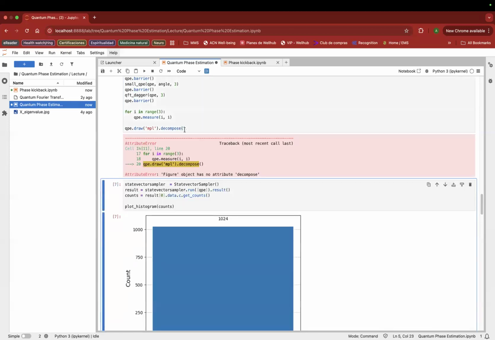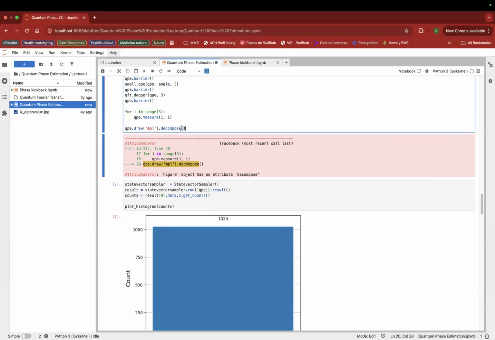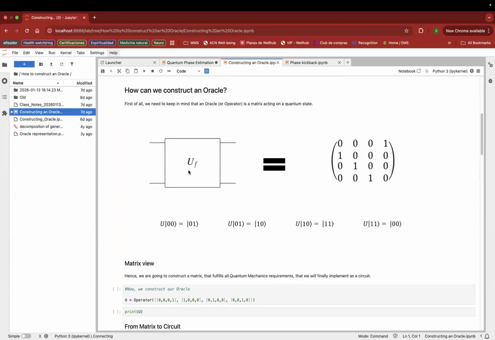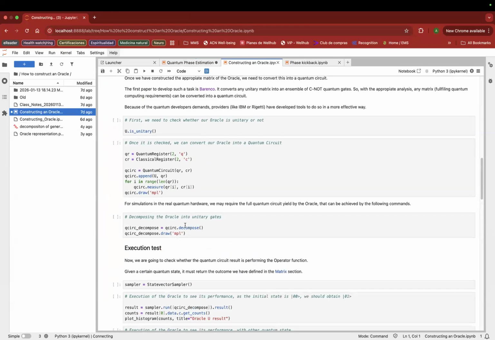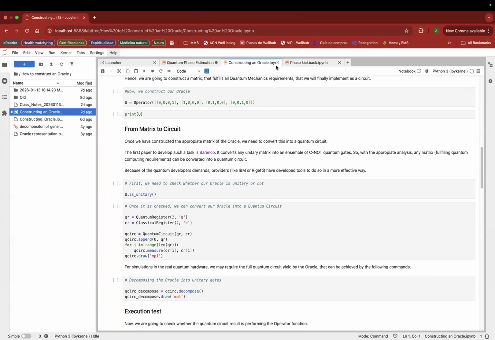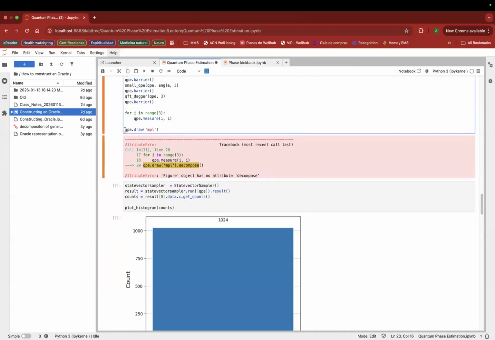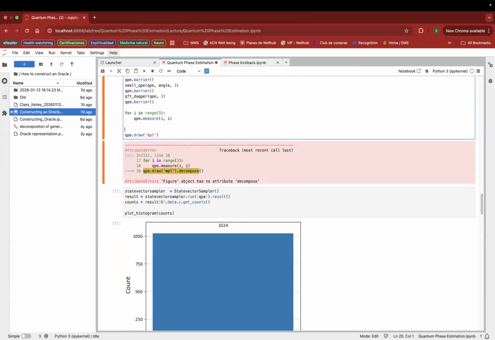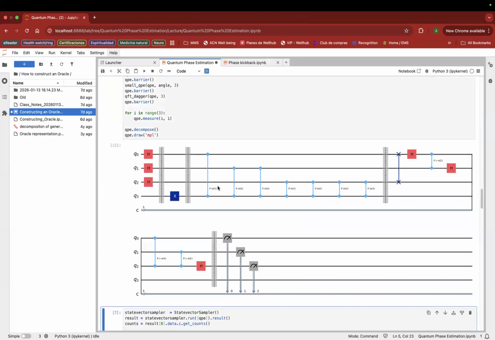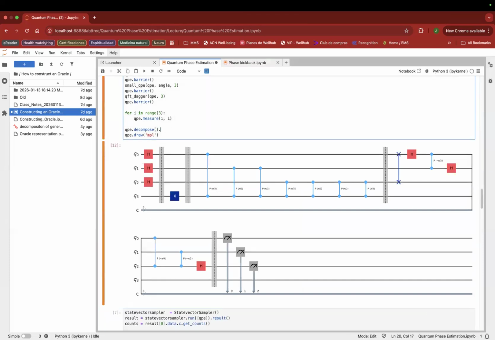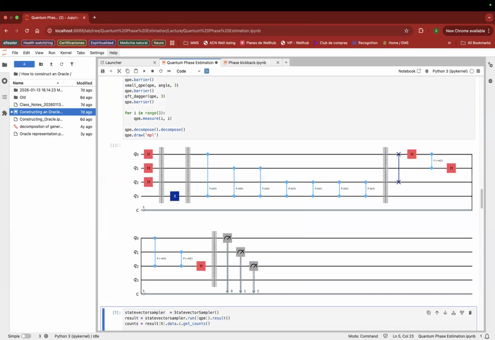But if we decompose it, because I need to do that before. Maybe it's because S is an elemental gate.